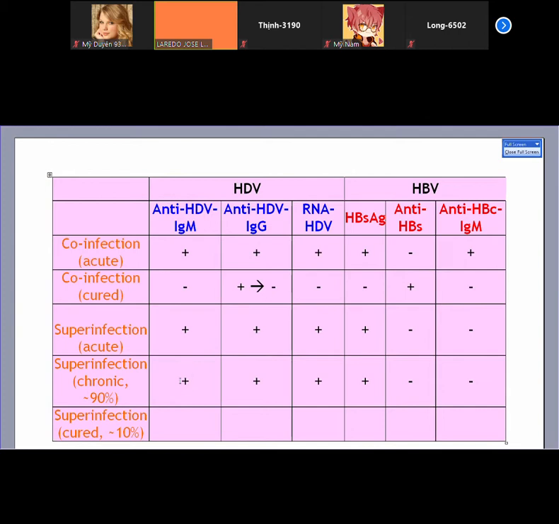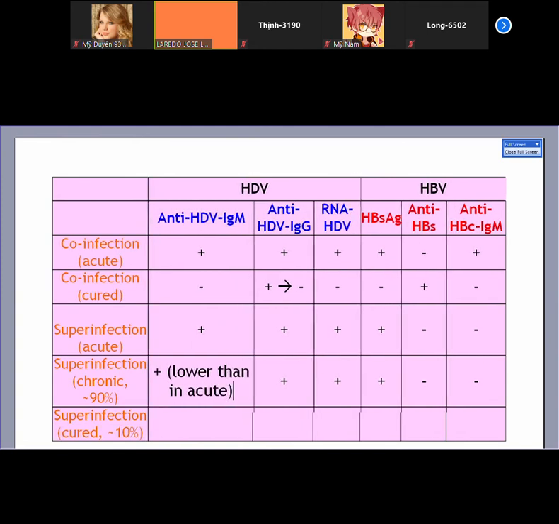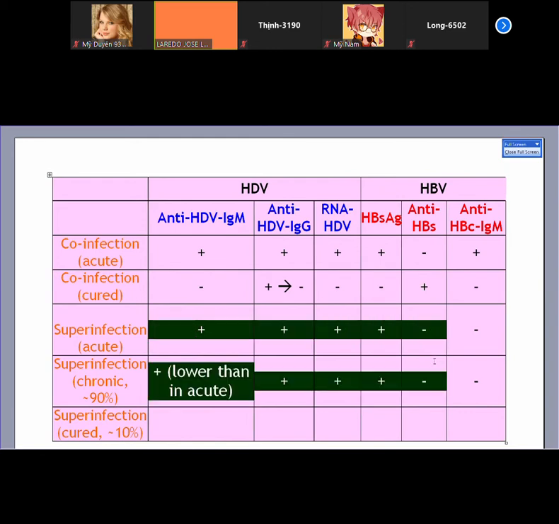And this is not common. This is very rare. But in the case of chronic hepatitis D virus infection, the IgM does not disappear. And we don't know exactly why. However, the level is lower than in acute infections. So the profile is almost the same for both.